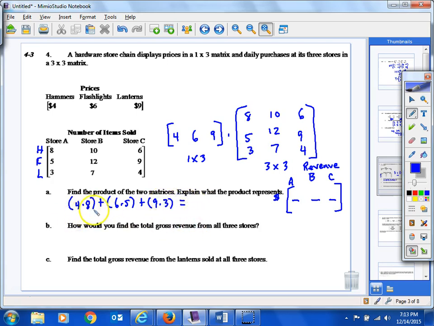And we basically just add these numbers up. 32 plus 30, 62 plus 27 is 89. That's right.